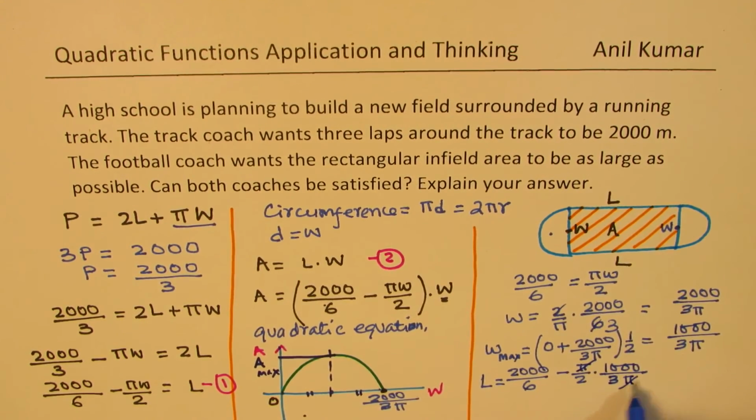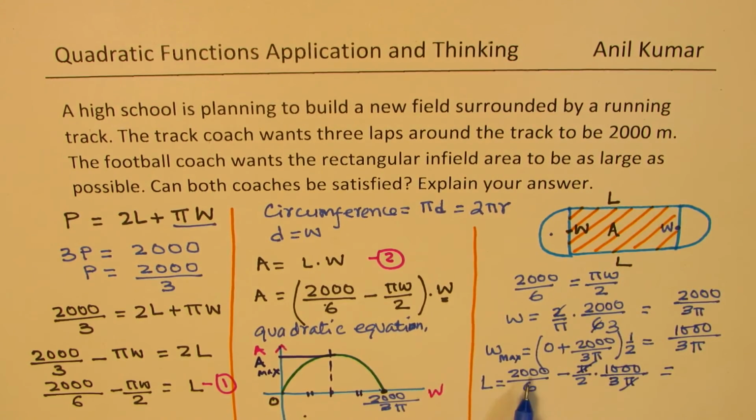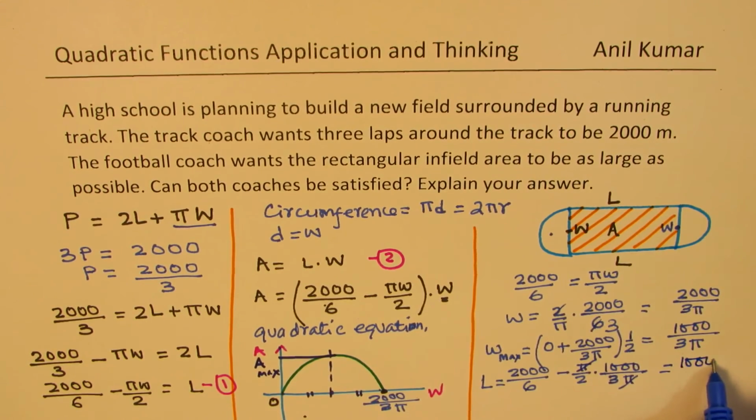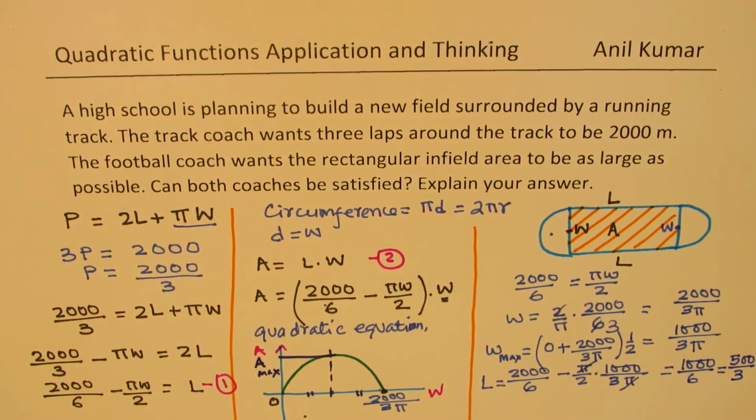So pi and pi cancel. We have the same denominator of 6. 2000 minus 1000 is 1000. So we get 1000 over 6, which is the same as 500 over 3. Is that clear to you? That helps us get both the values. So we get our solution.